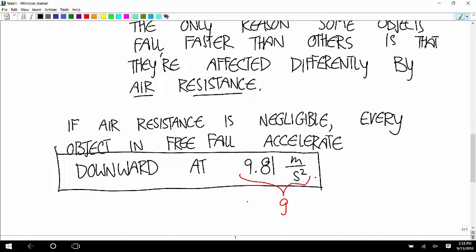Although the real number at sea level is 9.8065, and on and on. I think at the top of Mount Everest, as far as you can get from sea level, based on the altitude it's like 9.803 or 4 or something. So it's basically the same.